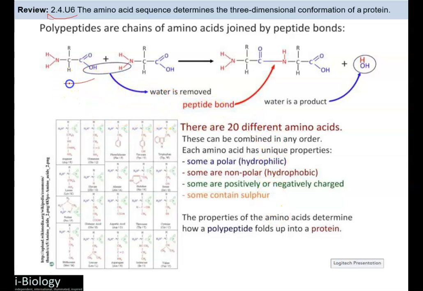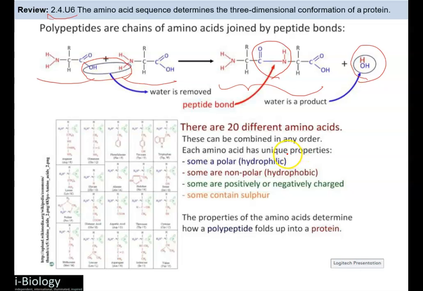Once an amino acid attaches to another amino acid, there will be removal of OH from one and H from the other, establishing a peptide bond, and two amino acids make a dipeptide, two amino acids together by the release of water.